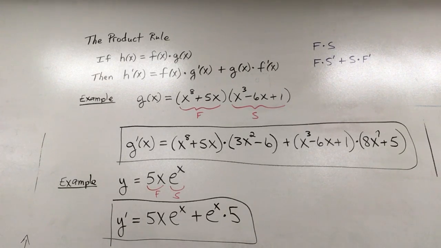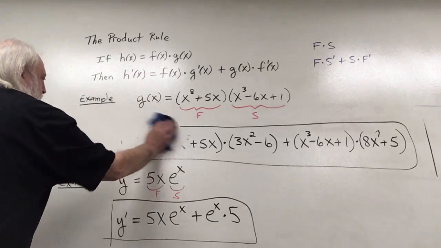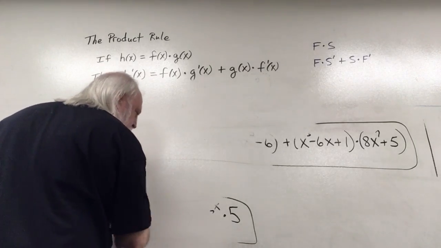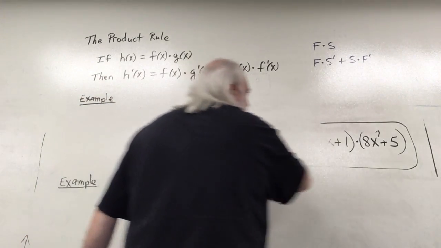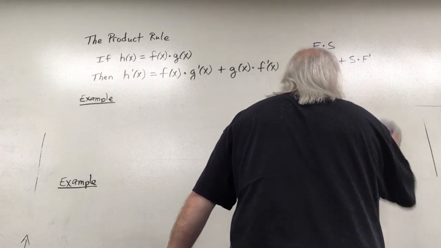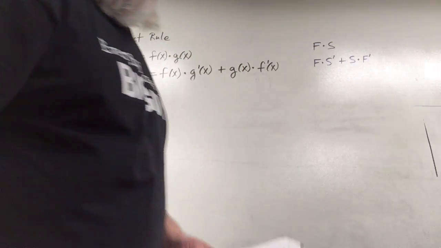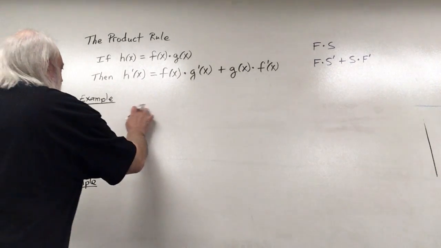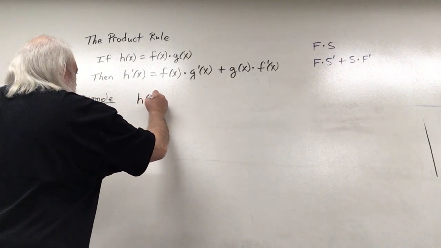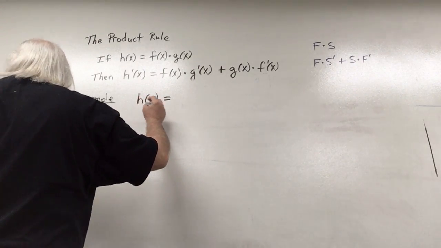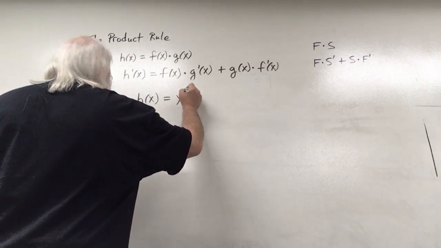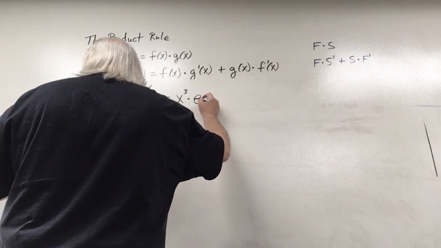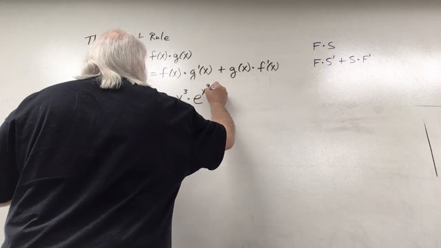In the fourth example, we have h of x is equal to x cubed times e to the x to the 9th minus 2 power.